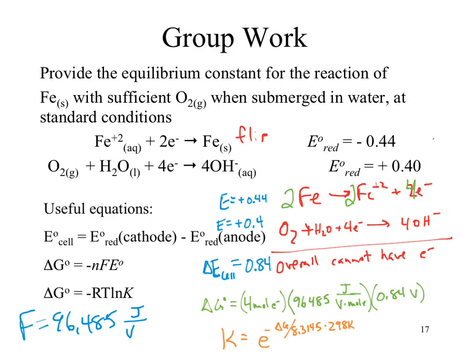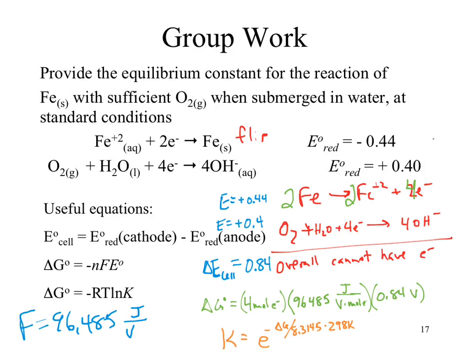So what we could go through and do to correlate all of these individual things is to get K, we'd have to know delta G naught. To know delta G naught, we have to know our cell potential. To know our cell potential, we have to add our two equations together to generate that positive cell potential. So we could go back through, notice that to get the positive cell potential, we'd have to flip our iron equation.